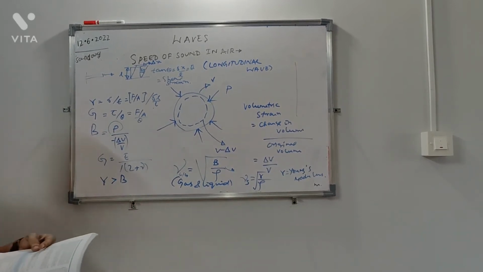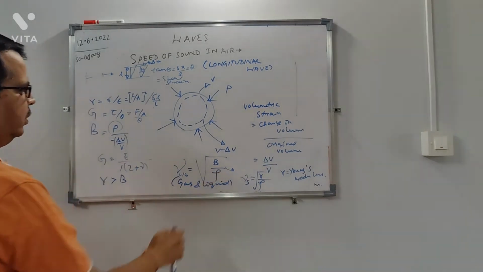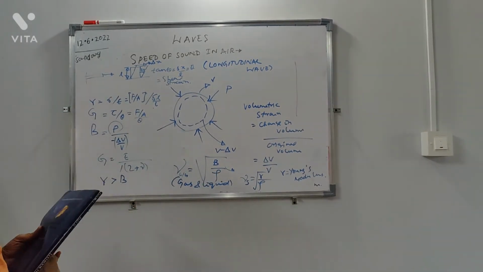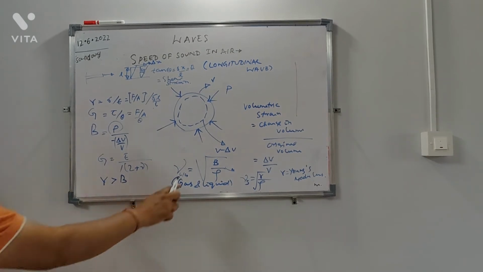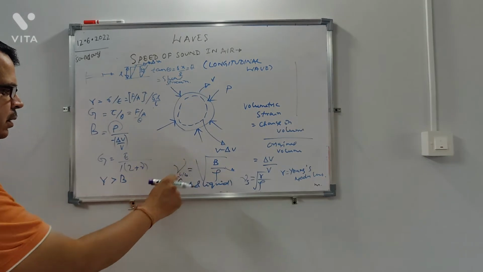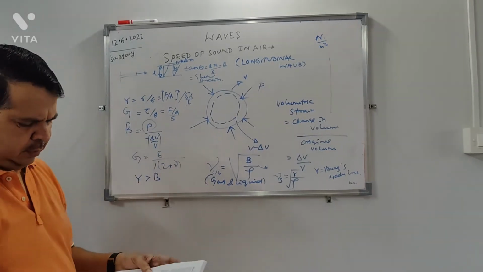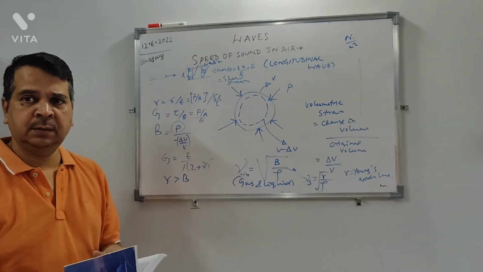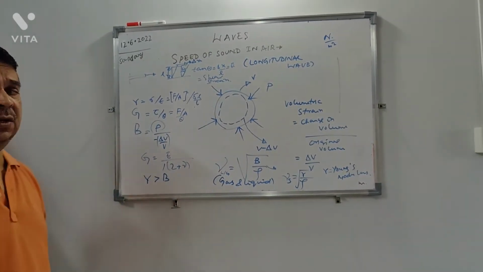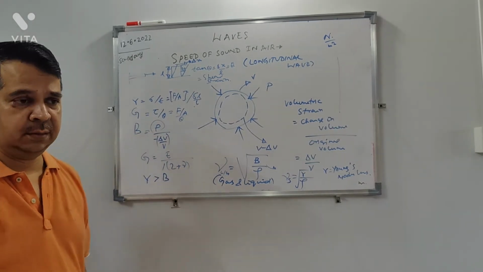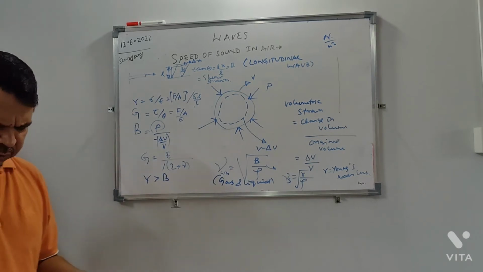So they are all the same unit. How will you get the consistent unit? If you divide B by rho, what will it become? We are discussing the velocity of sound in air or in water, which is a longitudinal wave.